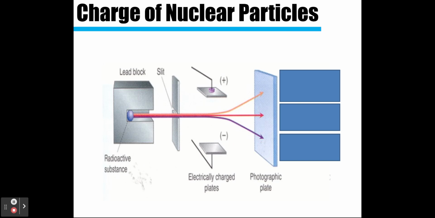So what are the charges of these nuclear particles? We just talked about that, but how do they determine the charge of these particles? Well, if you have your radioactive substance, maybe an alpha particle emitter, a beta particle emitter, or a gamma ray emitter, the rays go through a slit, so you get one ray coming through rather than a gunshot spread.